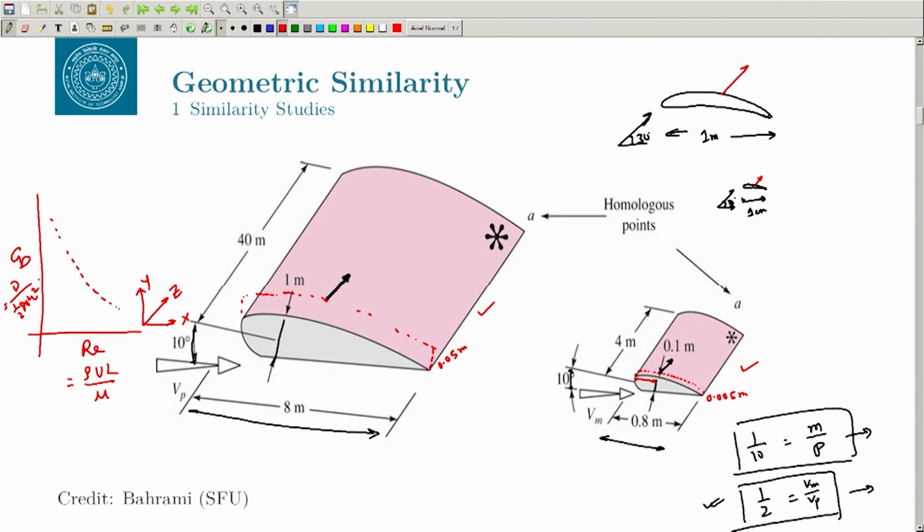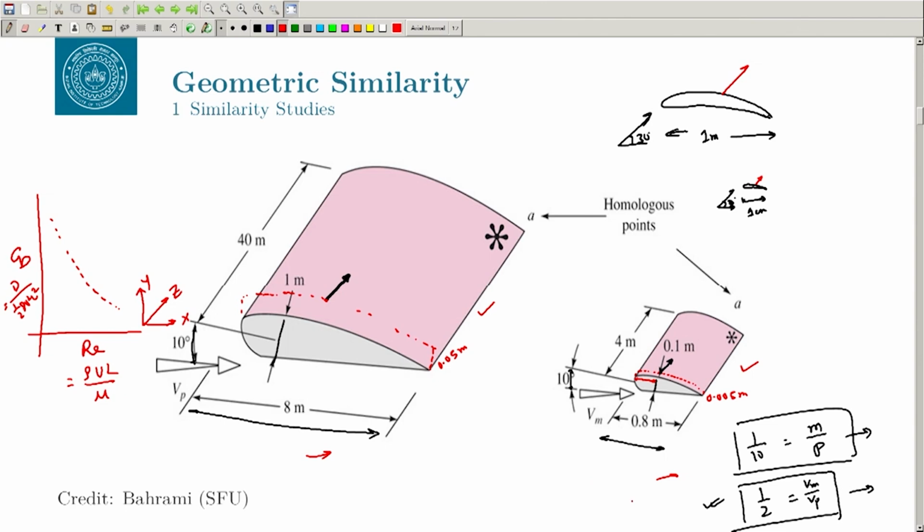So, you might ask: in this model the length is small and here the length is higher, so how do we talk about the correspondence, because the density is different in the model, the velocity is different in the model, the viscosity is different in the model.